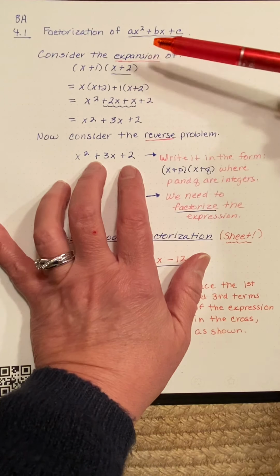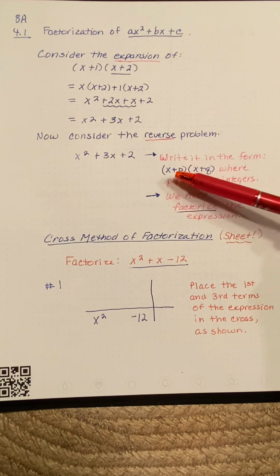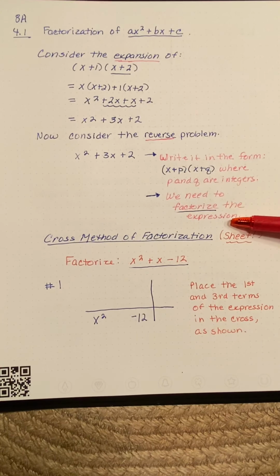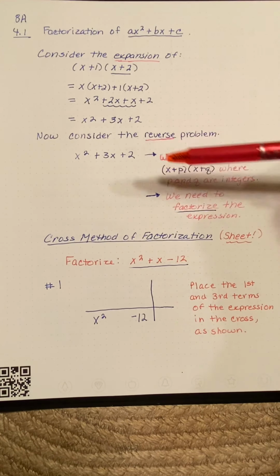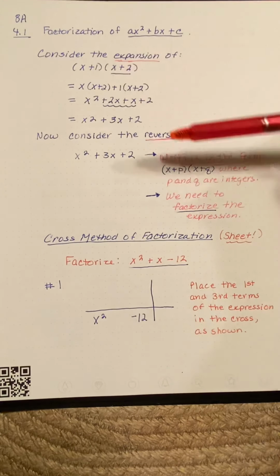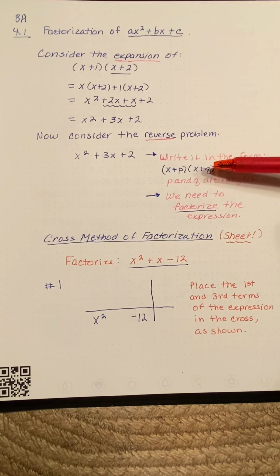We want to factorize it. So you write it in the form of x plus p times x plus q, where p and q are integers. That's what you want to get to. So we need to factorize that expression to get back to x plus 1, 1 being the variable p, times x plus 2, 2 being the variable q.